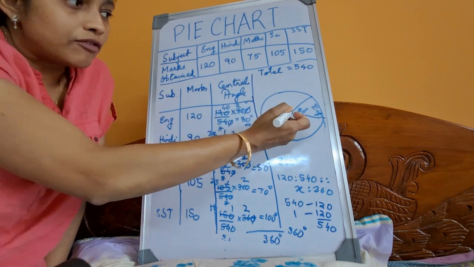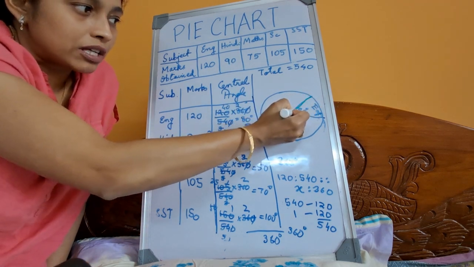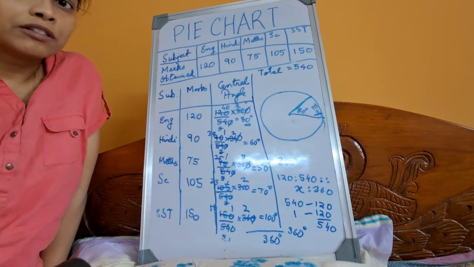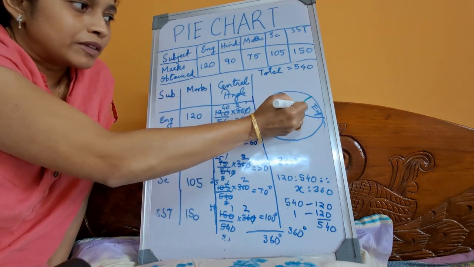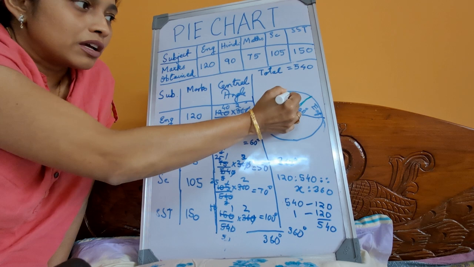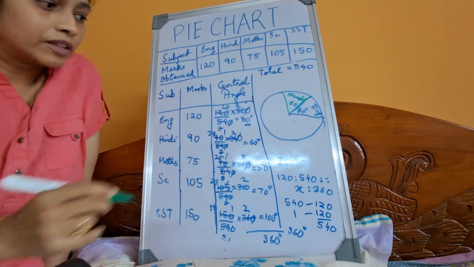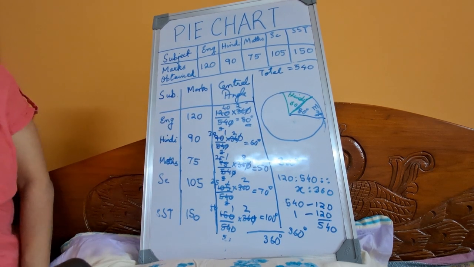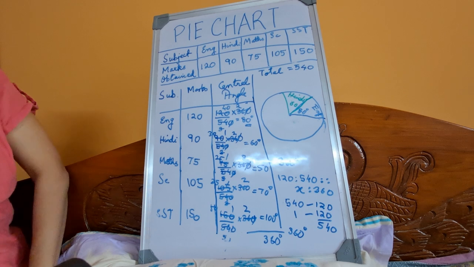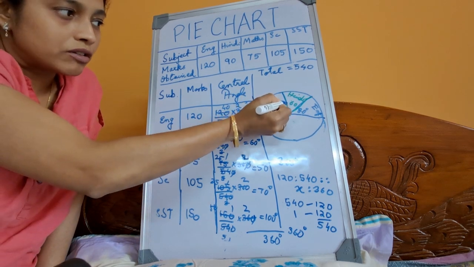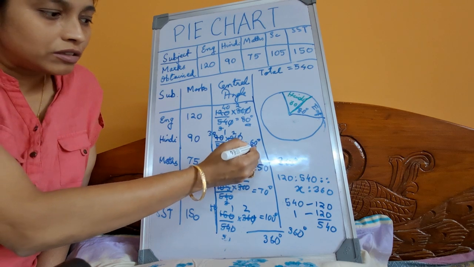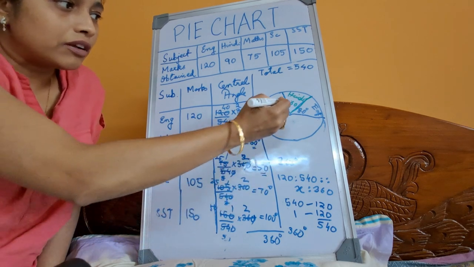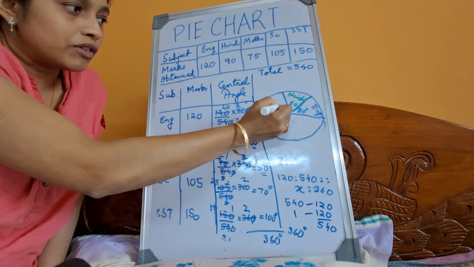Once you have drawn this angle, place the protractor here and draw the next angle, which is 60 degrees. This represents Hindi. Now place your protractor on the next one and draw the third angle, 50 degrees.